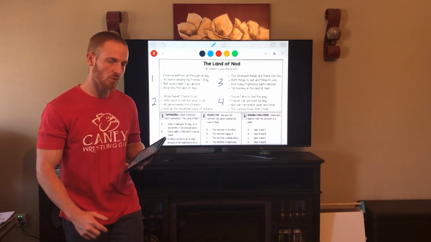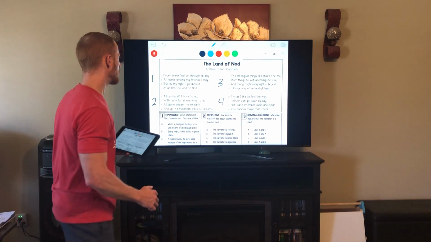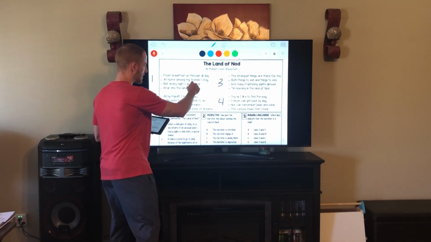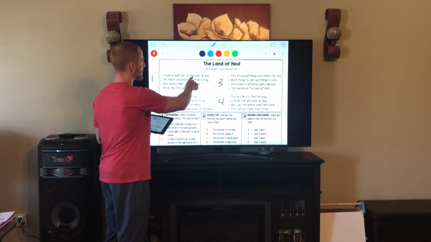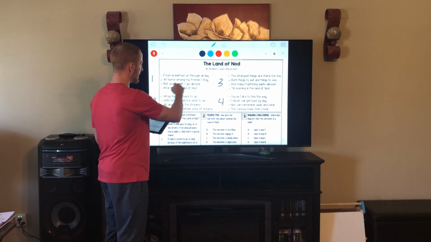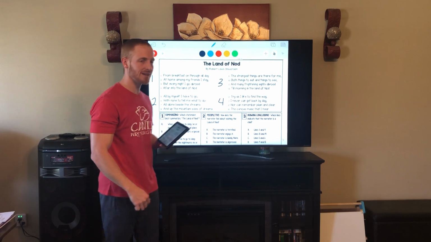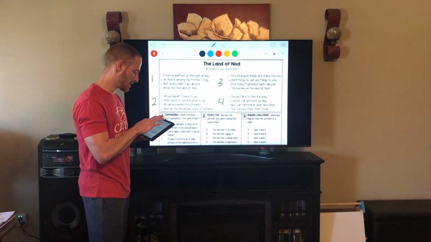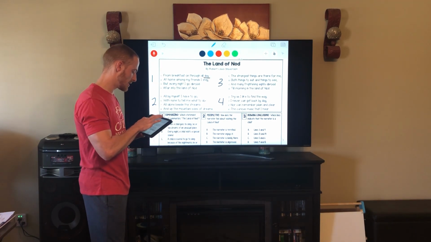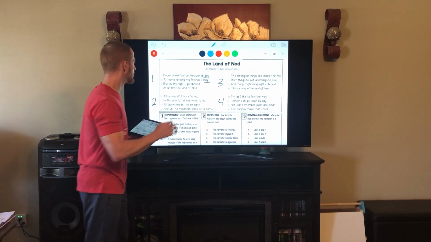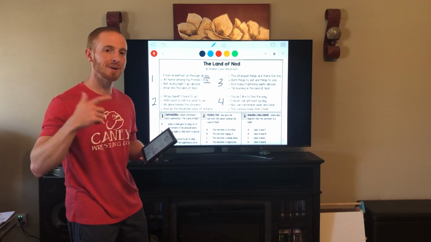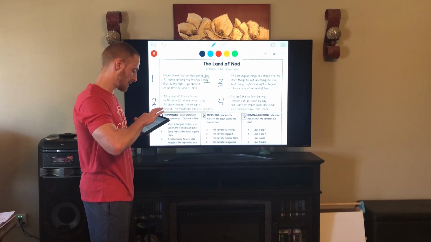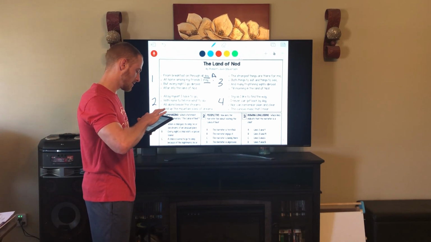In order to figure out what the rhyming pattern is, I have to figure out which words rhyme in each individual line. So when I look at the first two lines, I know that day and stay rhyme. So the two lines that actually rhyme are going to be labeled the same letter. Therefore I would label these A.